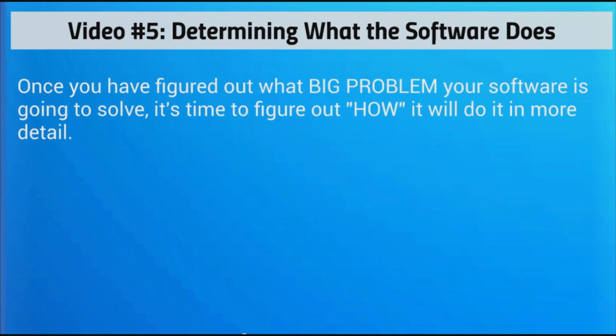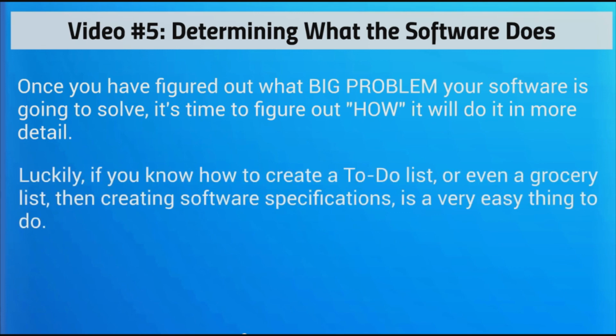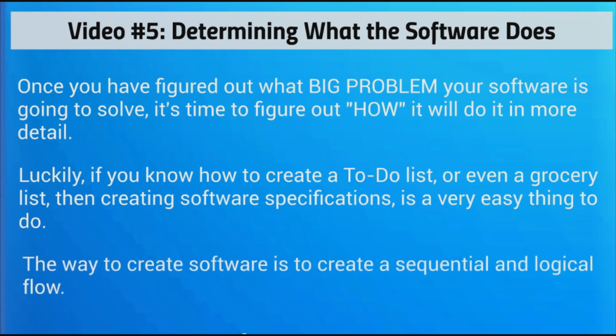So now we need to dig deeper and create what we call a to-do list. If you've created grocery lists or to-do lists, then creating software specifications is actually very similar. And it's actually a very easy thing to do once you have figured out what kind of problem it'll solve and how it will go about doing that. And that's what we're going to do in this particular video.